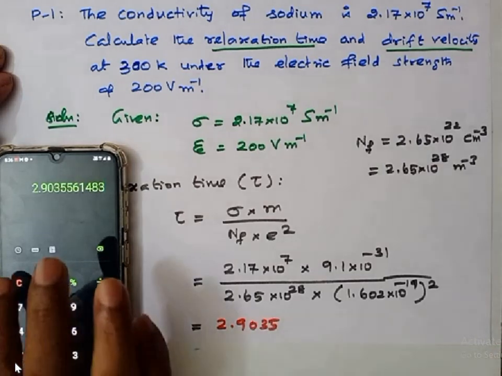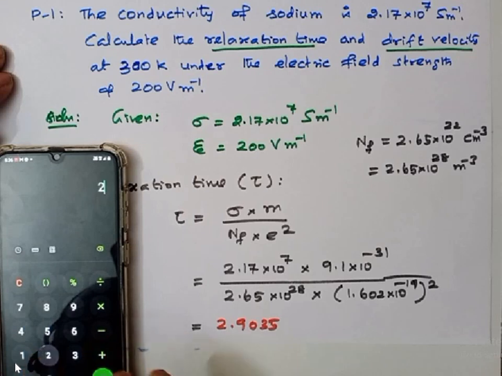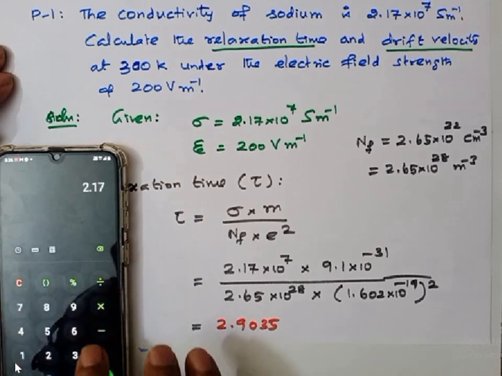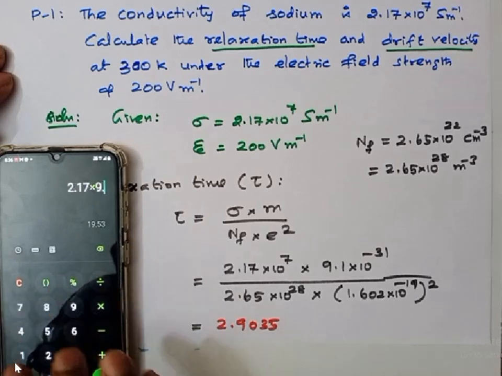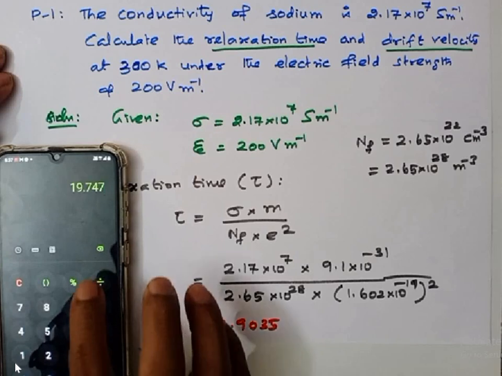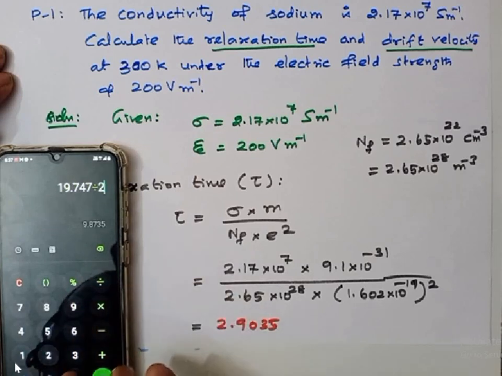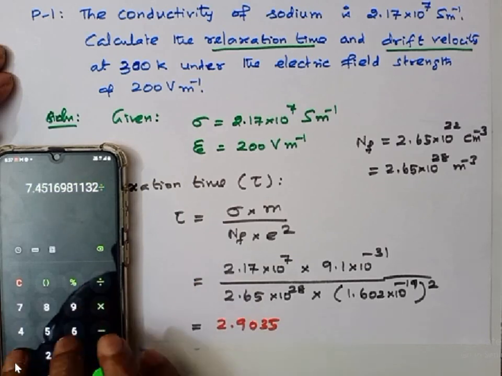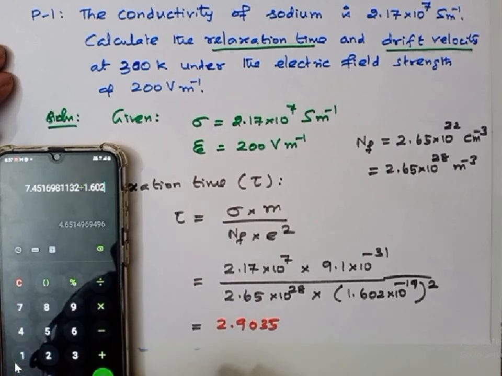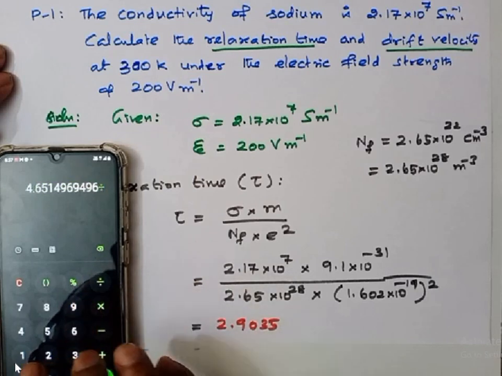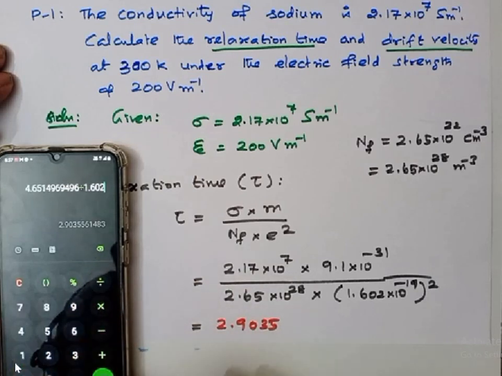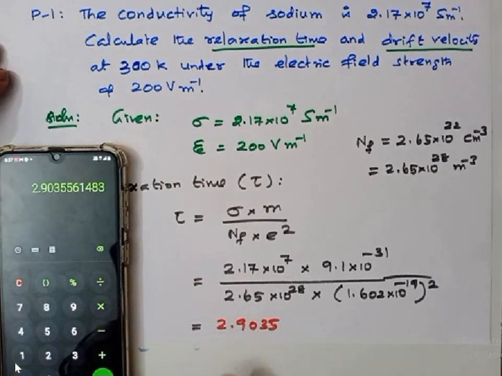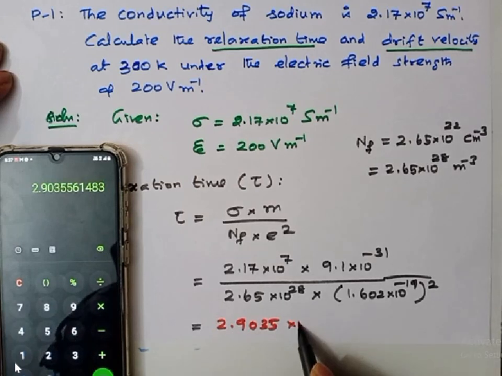Let me check once again whether it is correct or not. 2.17 into 9.1 equal to this, divided by 2.65 equal to this, divided by 1.602. Again divide the value by 1.602. Yeah, I am getting the value exactly 2.9035 into 10 to the power.